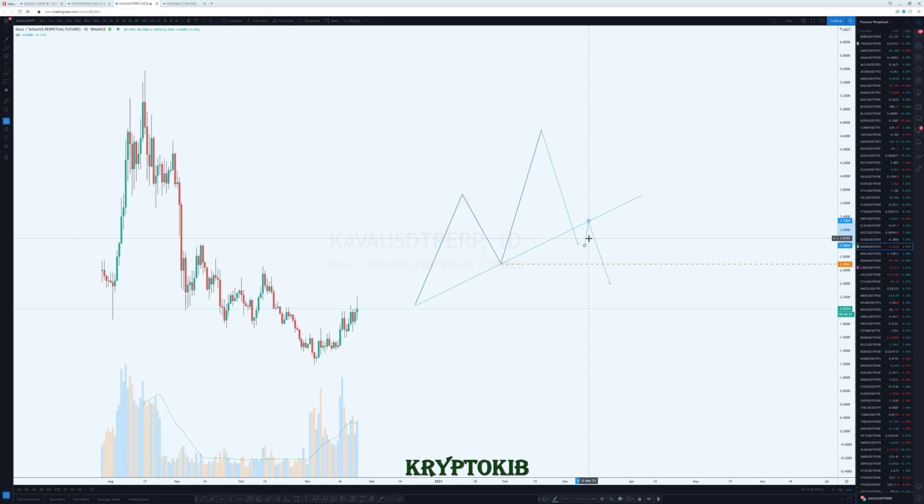What I'm trying to say is, we might have this structure like this. Let me remove this. Okay, we have this higher high, this higher high. Then we have a reversal from this side up to this extent. And then what we see is a move up.